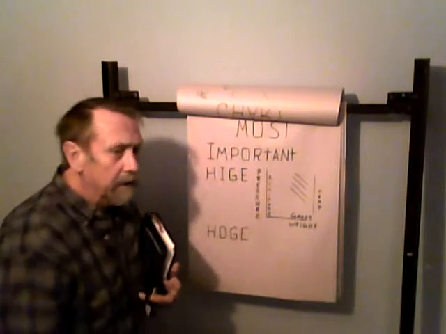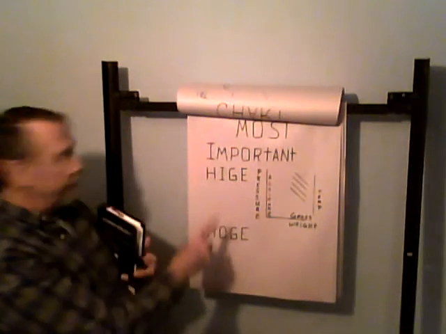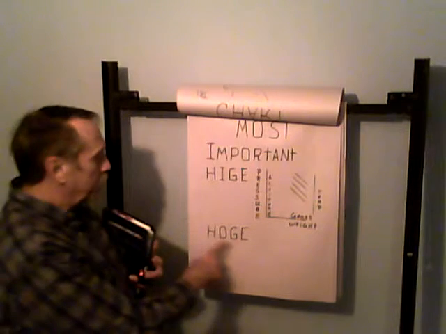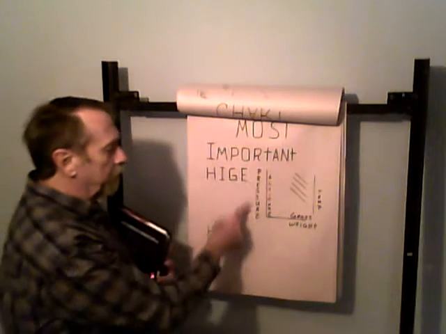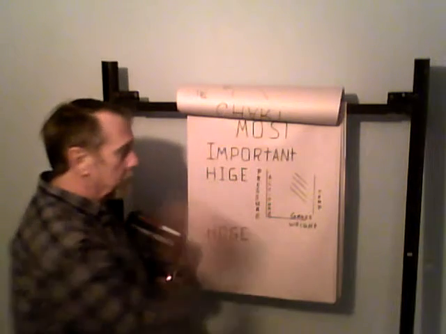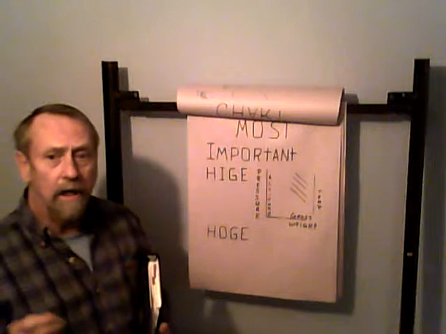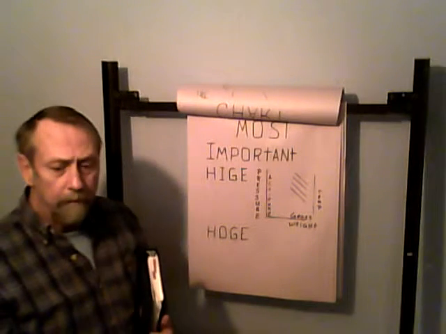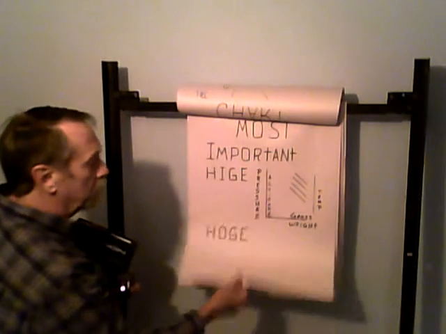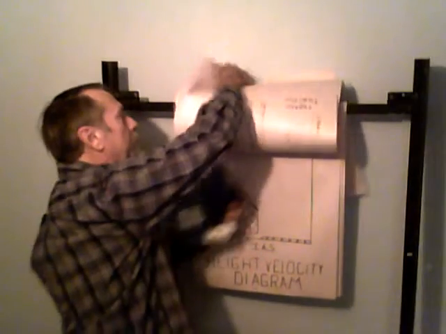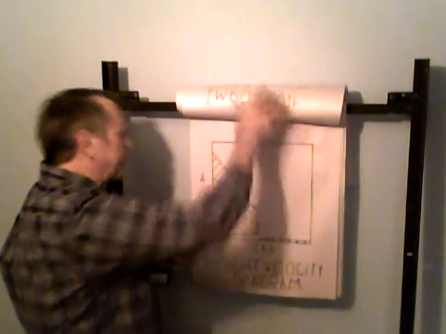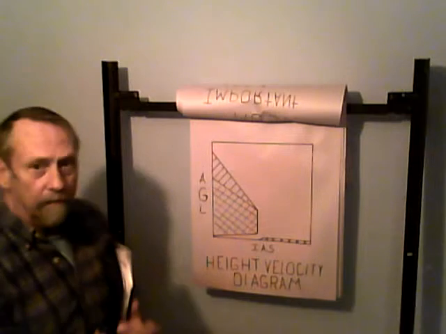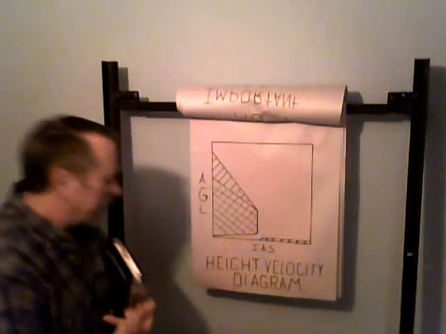Most important are helicopter in ground effect and helicopter out of ground effect. These two have a big difference in terms of pressure and gross weight. So this chapter has a lot of information throughout these charts. And here's one that everybody's familiar with. It's in every POH, and we have to consider it with our helicopter: the height velocity diagram.